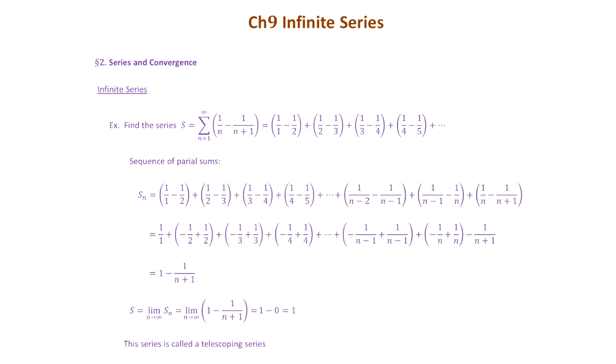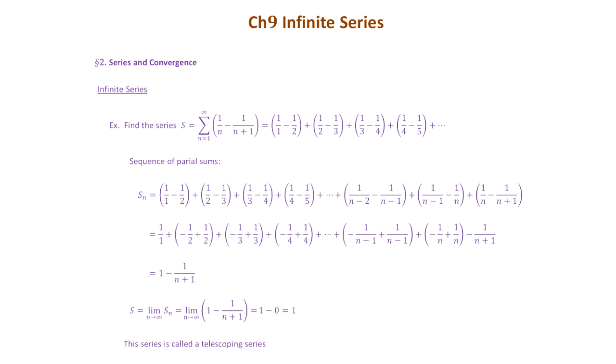Then the second part in the second term is negative 1/3, and it will cancel the first part in the third term, which is 1/3. And the second part in the third term is negative 1/4, and it will cancel the first part in the fourth term, which is positive 1/4. So you can rearrange the terms in this way, and you get a lot of cancellations, right?